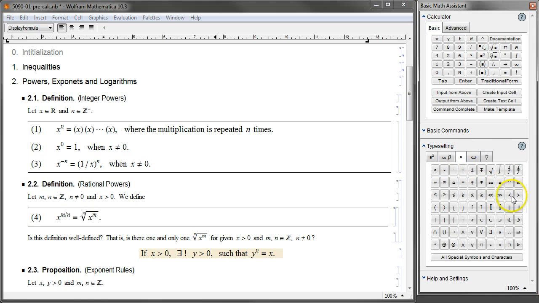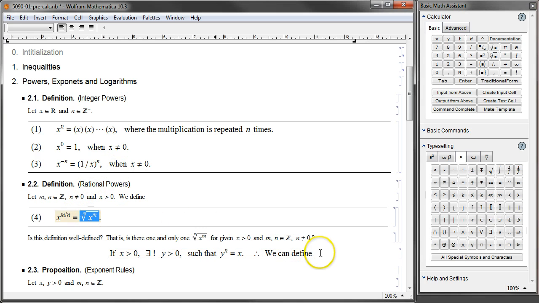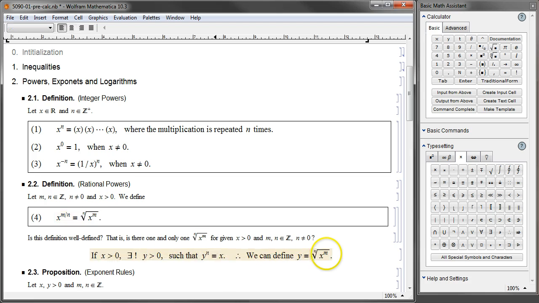And that's why we can define the nth root of x to the mth power as this y. If there are more than one such y, or if there is no such y, then everything breaks up.